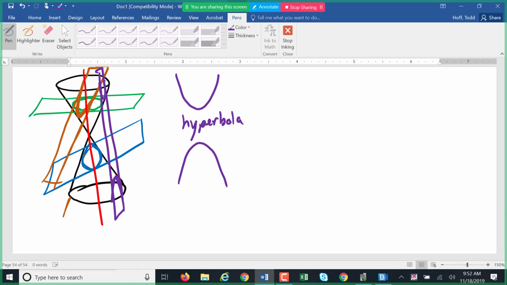A hyperbola is almost like the inverse of an ellipse. Standard form of an equation for a hyperbola.